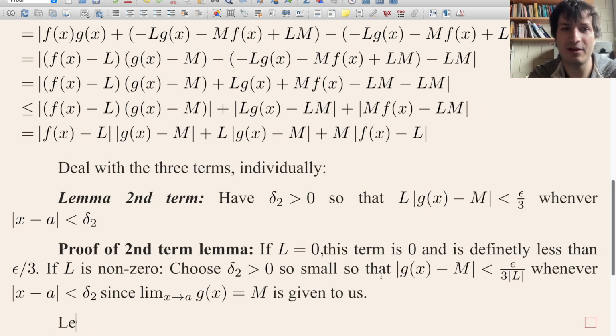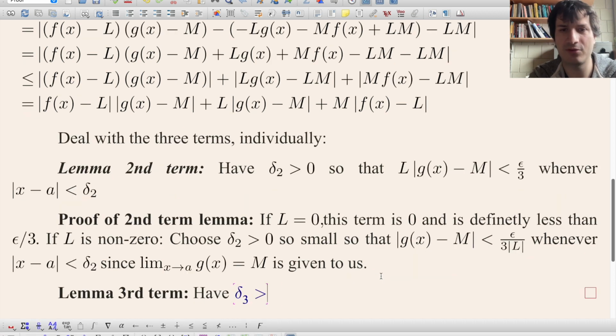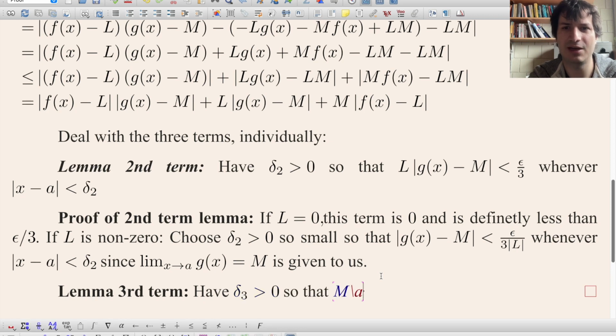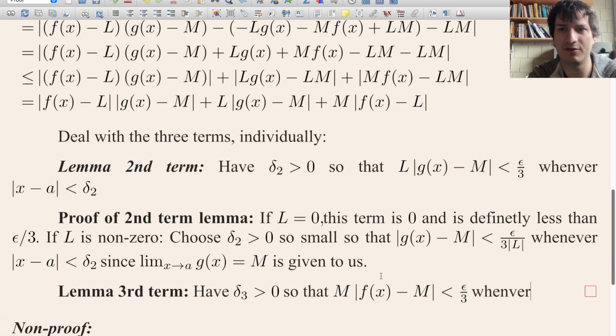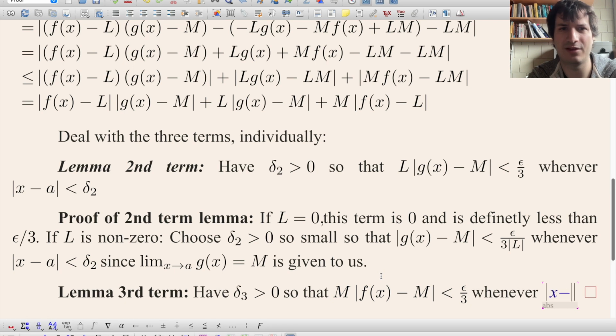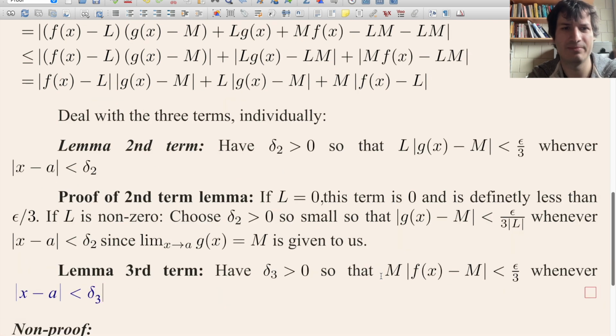There's also going to be a lemma for the third term. And we're going to find delta 3 for the third term, so that absolute value of m times f of x minus L is less than epsilon divided by 3 whenever absolute value of x minus a is less than delta 3.